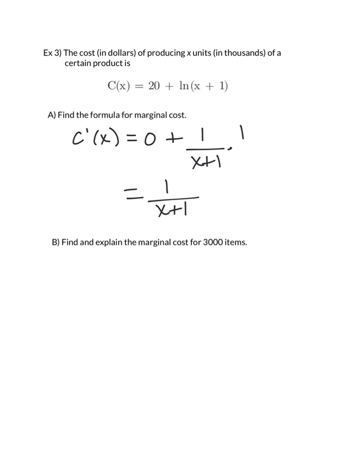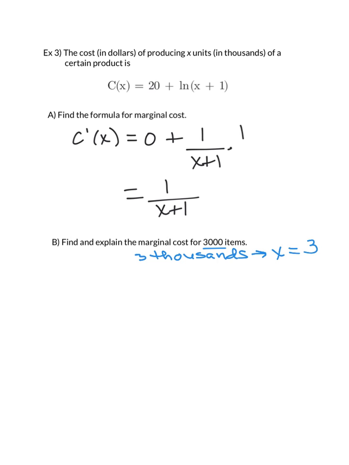Question B says, find and explain the marginal cost for 3,000 items. What you need to be careful of here is that it says 3,000, which is 3 thousands, which therefore means x is 3.